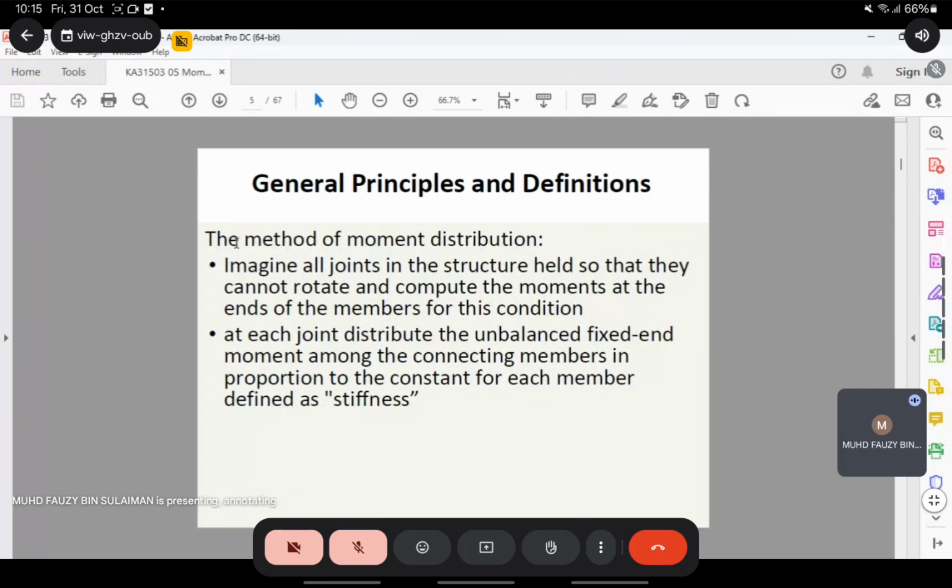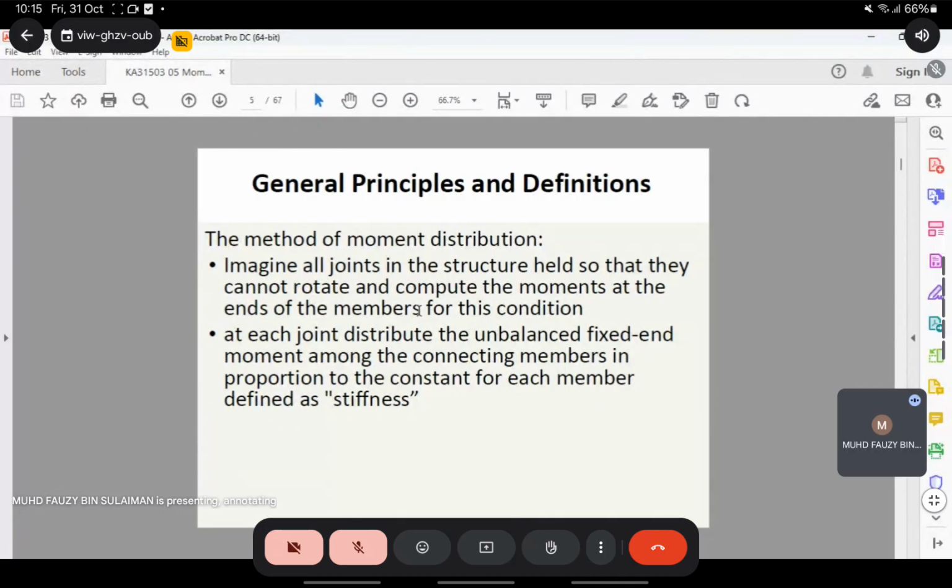For the moment distribution method, you have to imagine all the structure joints held, so they can rotate, and compute the moment at the end of the member. In order to use the moment distribution method, the very first thing is that your connection is fixed support.